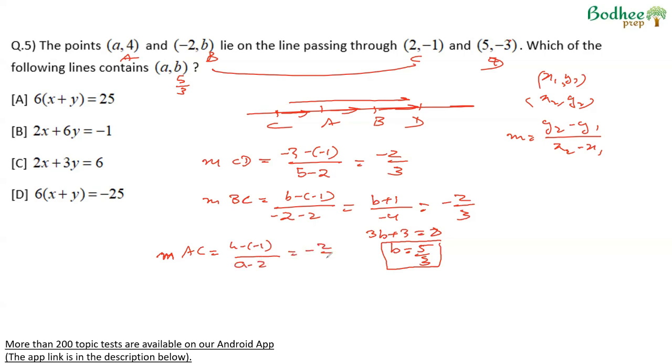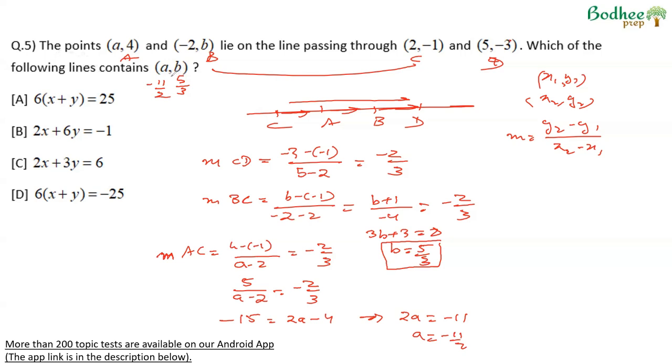This should also be equal to minus 2 by 3. So 5 by A minus 2 is equal to minus 2 by 3. Minus 15 is equal to 2A minus 4, which implies 2A is equal to minus 11, A is equal to minus 11 by 2.